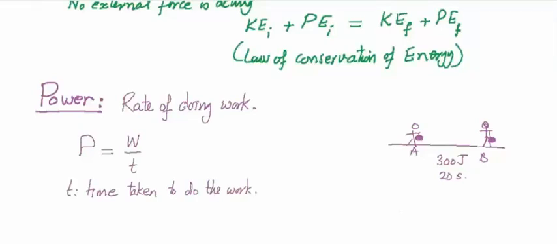On the other hand, another person takes the same parcel from point A to the same point B in 30 seconds. The distance and the force applied are the same, so the work done is the same, but he is doing it slowly, taking 30 seconds.